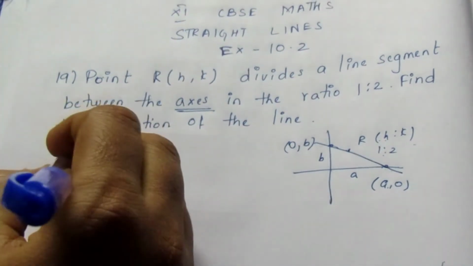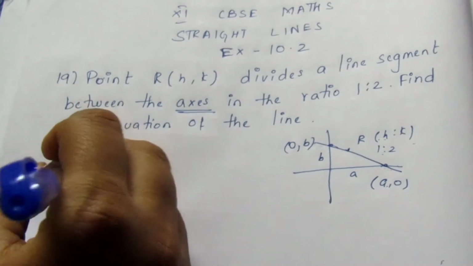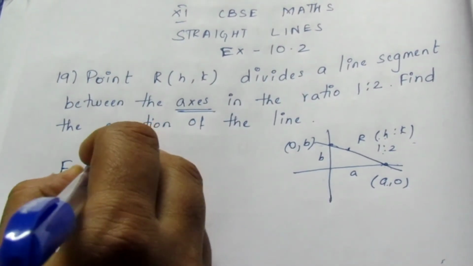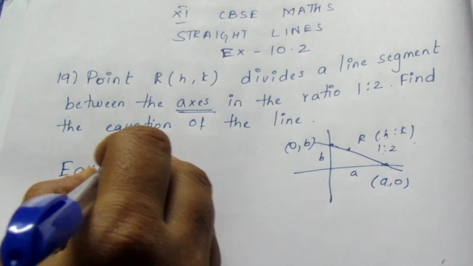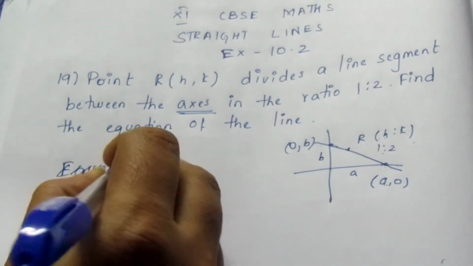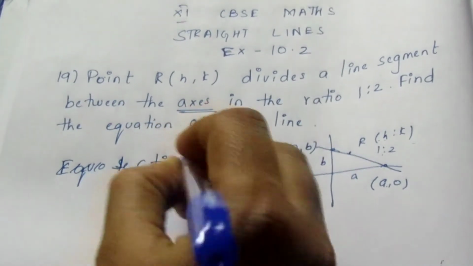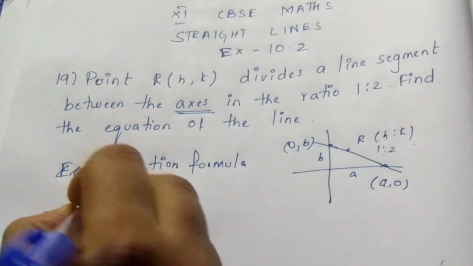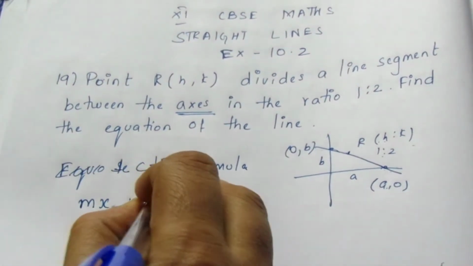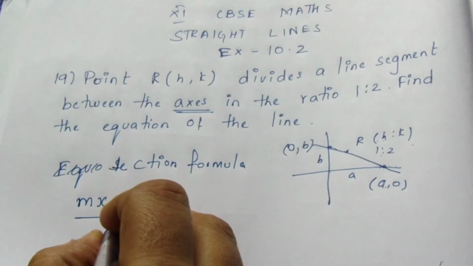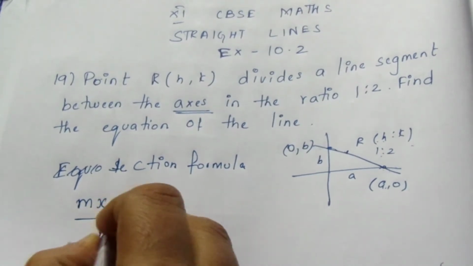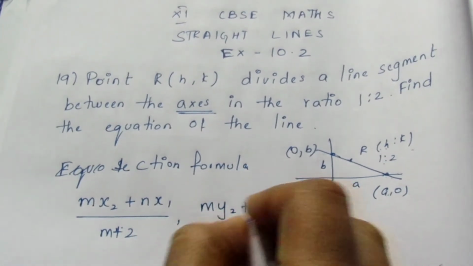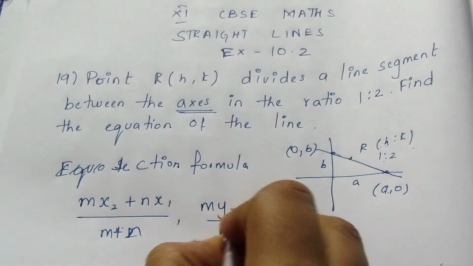Now, according to the section formula, mx2 plus nx1 by m plus n, comma, my2 plus ny1 by m plus n.